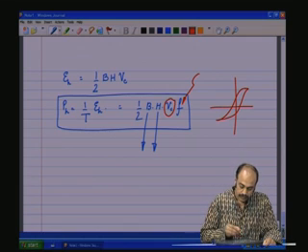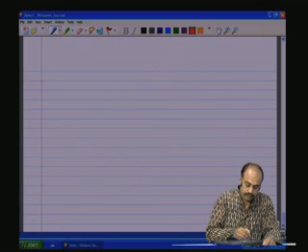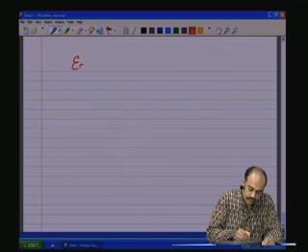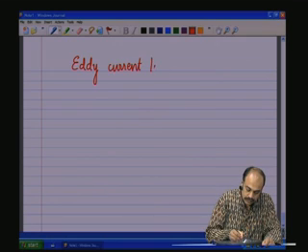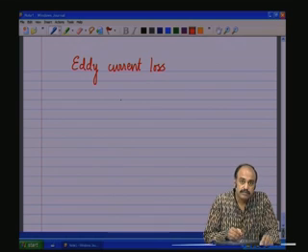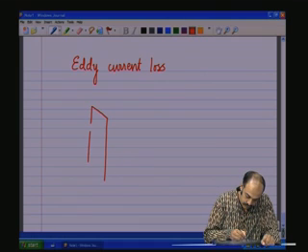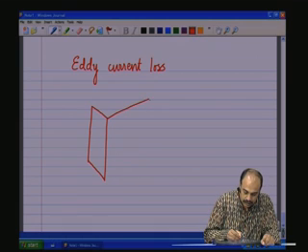And then we have the eddy current loss. The eddy current loss can be explained easily from our Ampere's law. We have a core. Let me draw a three-dimensional view of this core, which is like that.